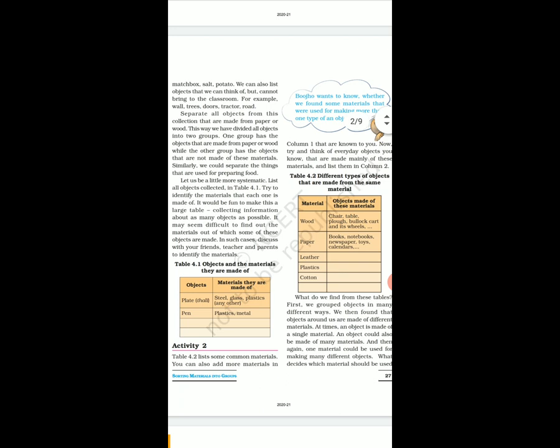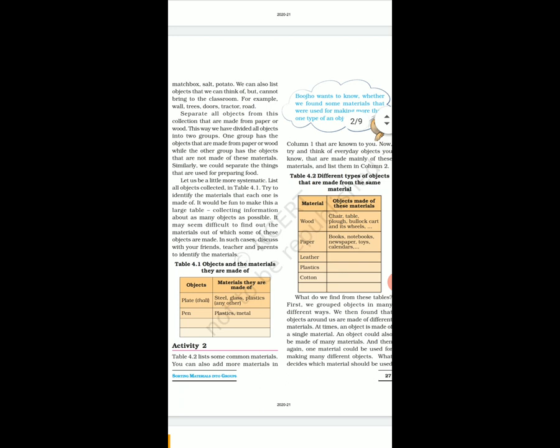First we grouped objects in many different ways. We then found that the objects around us are made up of different materials. At times an object is made up of a single material or more than one material. And again, one material could be used for making many different things.